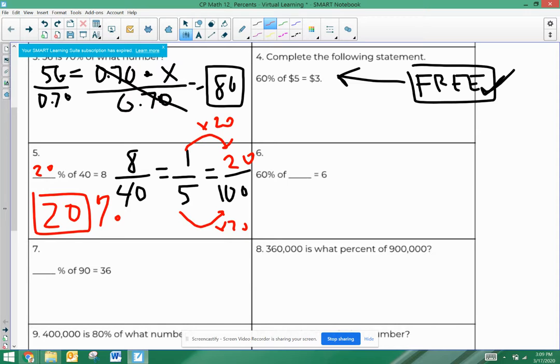Okay. Number 6. 60% of some number equals 6. So thinking through that, 60% I'll translate to 0.60 of, using that as multiply, x equals 6. So I'll divide both sides by 0.60.